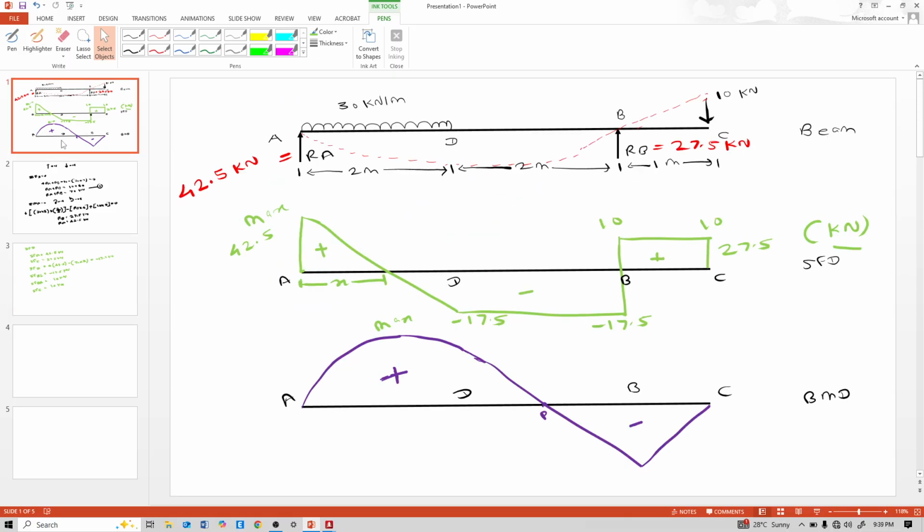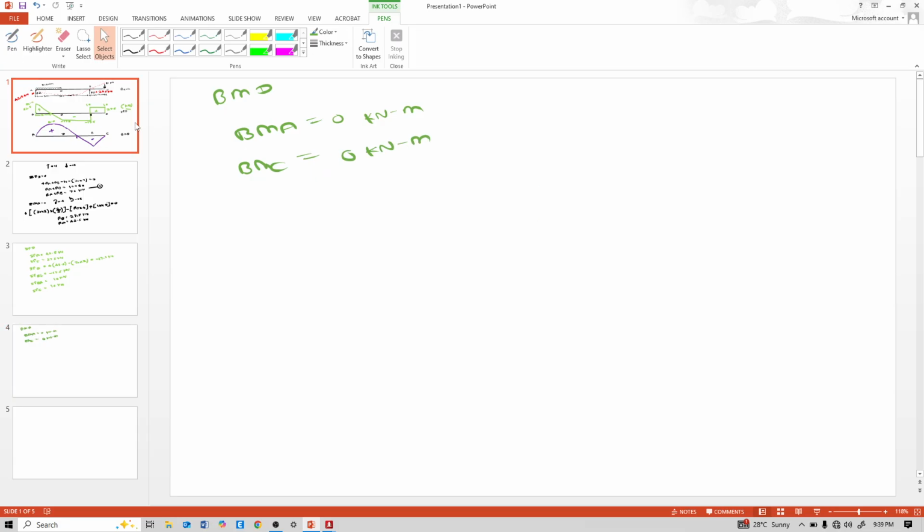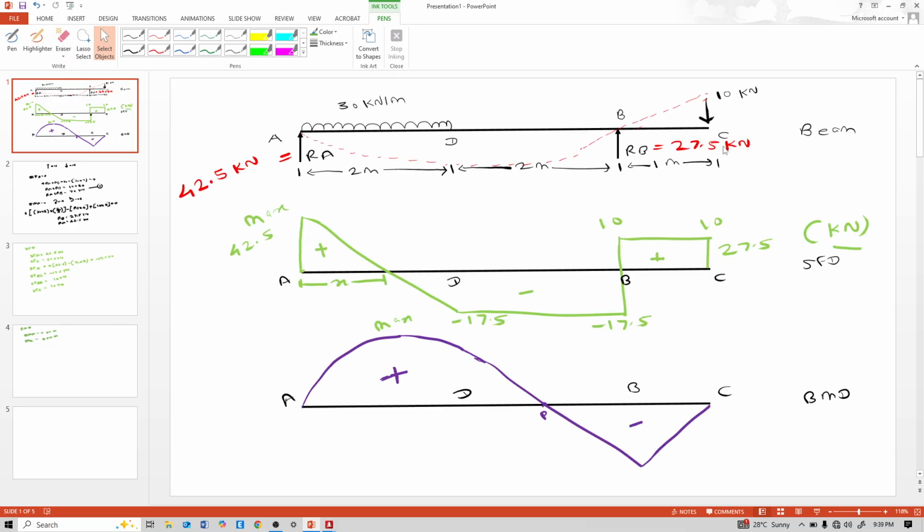Now let's calculate the moment. The bending moment at A is equal to 0 kilonewton meter, and the bending moment at C is also 0 kilonewton meter. Why is the bending moment at A and C 0?